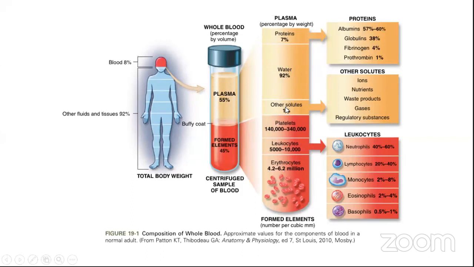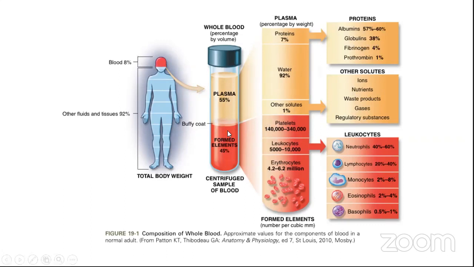This area is the plasma. 90% of plasma is water, 1% solubles, and proteins: albumin, globulin, fibrinogen. Prothrombin is also involved in blood clotting. Plasma is over, we move on to the next.